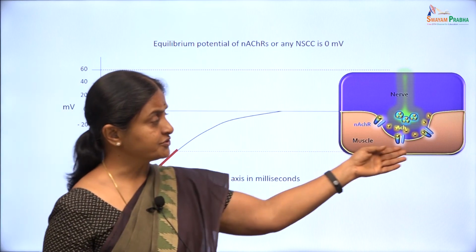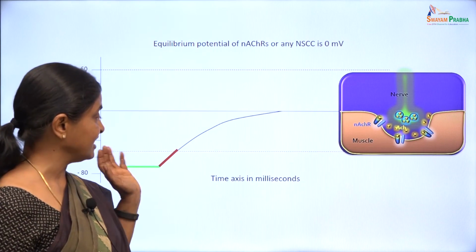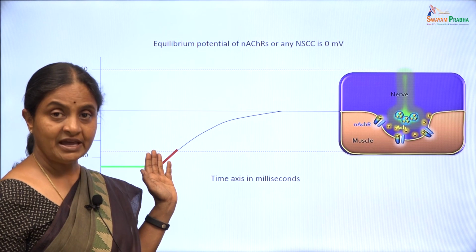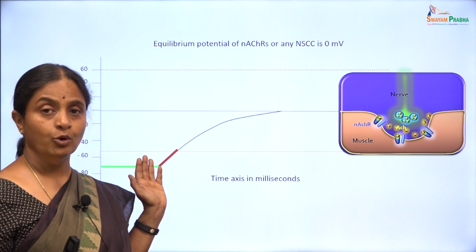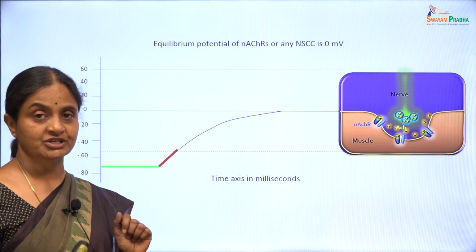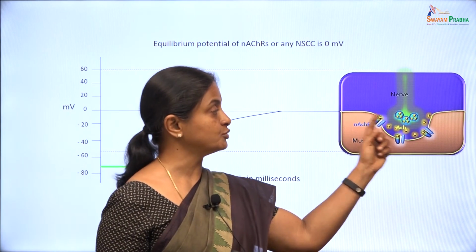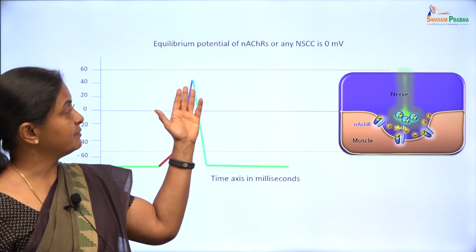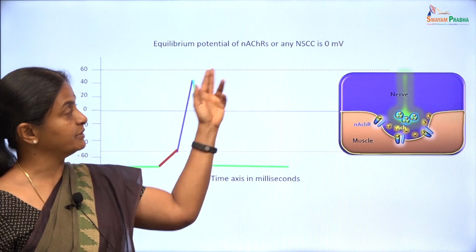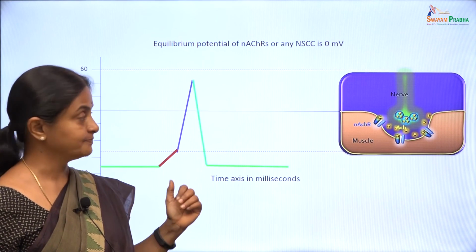when the membrane potential reaches minus 55 millivolts, Dr. Vinay has told you that that is the threshold for opening voltage gated sodium channels. There are voltage gated sodium channels on the muscle cell membrane. They will open and take the membrane towards the sodium equilibrium potential, which is a positive potential.